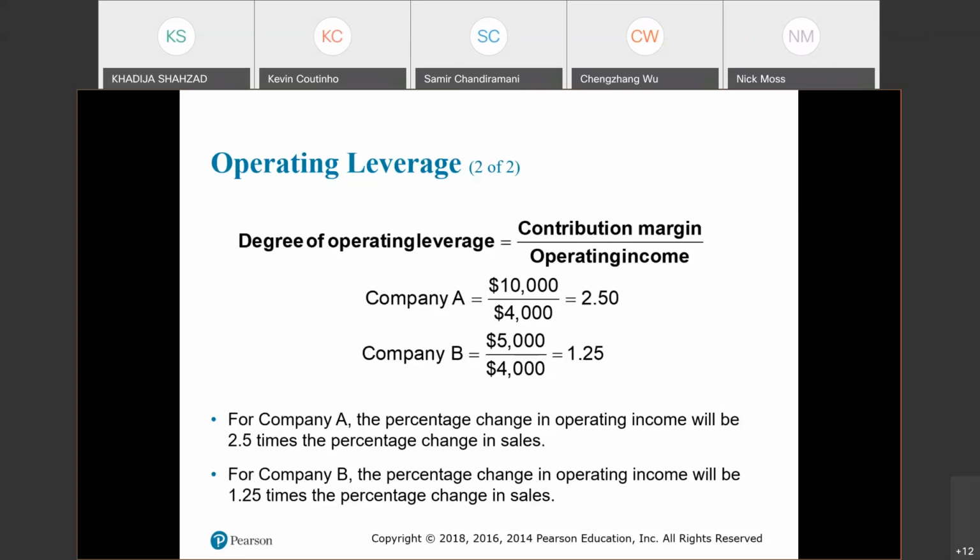Okay, for company B, its operating leverage is 1.25.